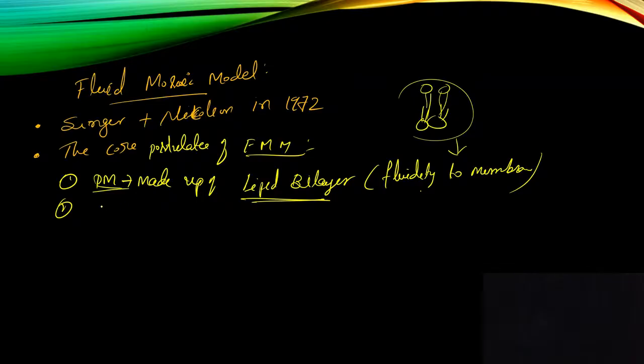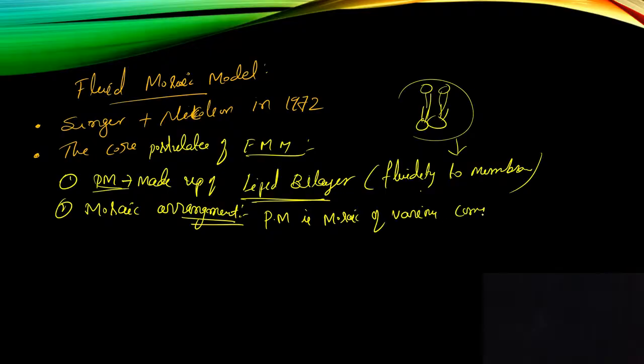And the mosaic arrangement, what do they explain? What actually is the mosaic arrangement? It means the membrane is a mosaic of various components. Various components means what the plasma membrane is chemically composed of.